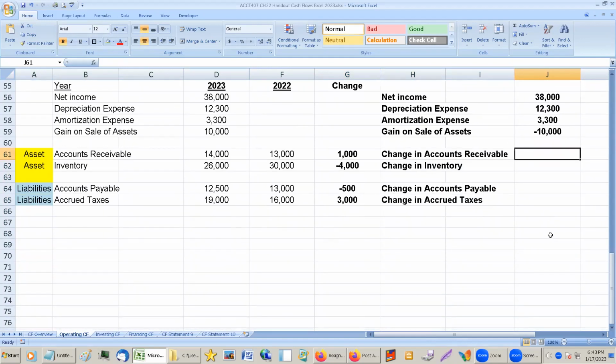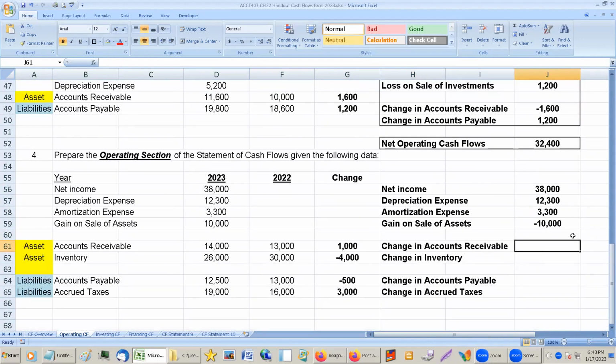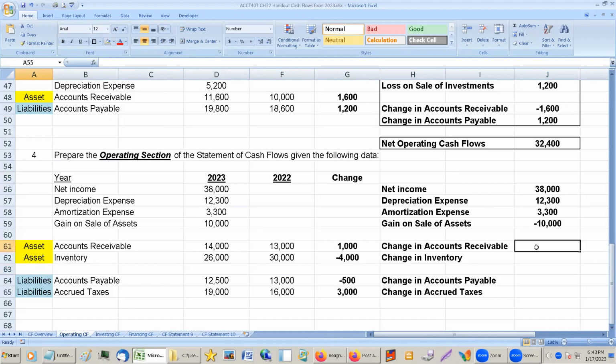Okay, cash flow for accounts receivable. Plus or minus? Minus. Yep. Inventory?